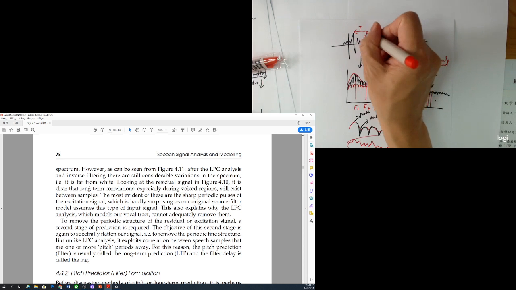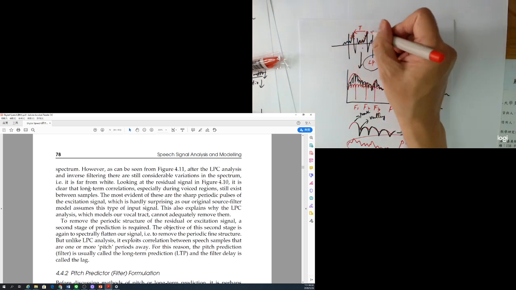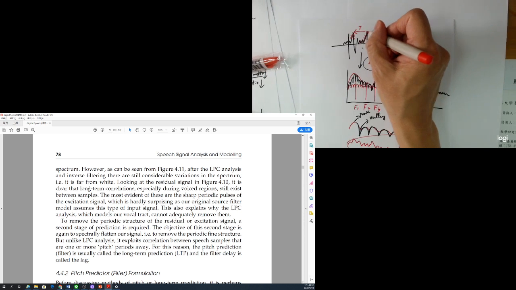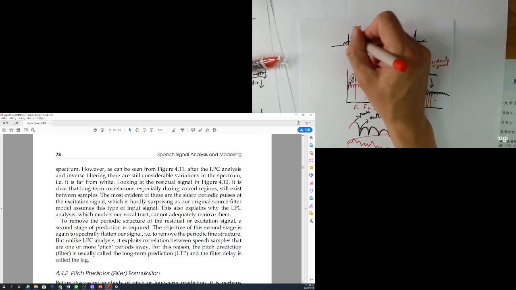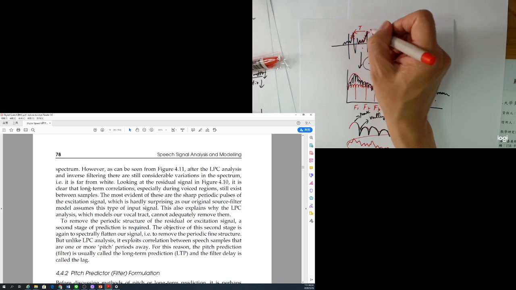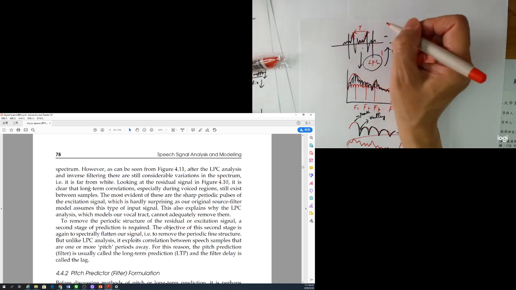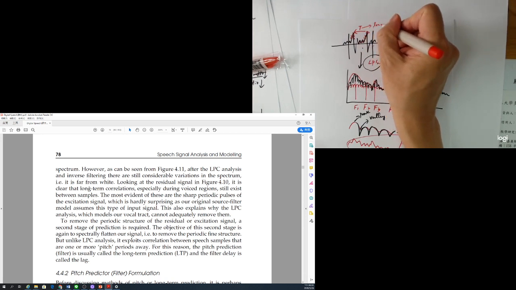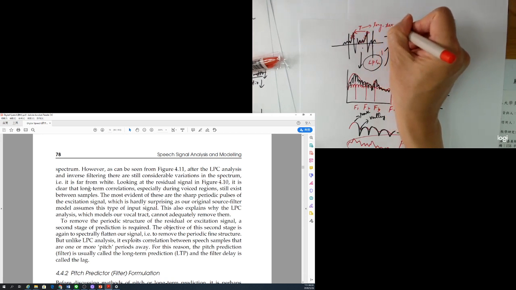It moves to here, using a neighboring sample to do the linear prediction, or just using one sample to predict there, so there will be some gain. Pitch prediction takes a longer step to do the prediction, so we call this the long-term prediction.